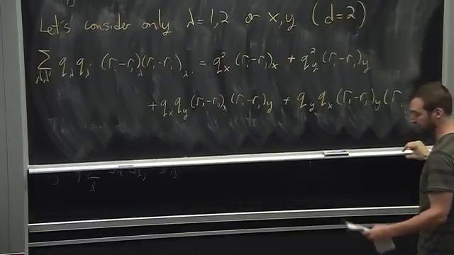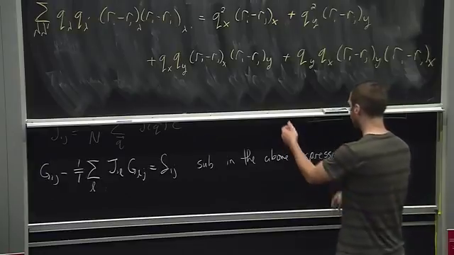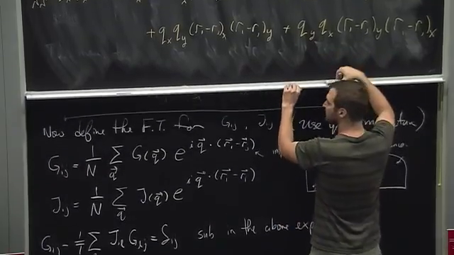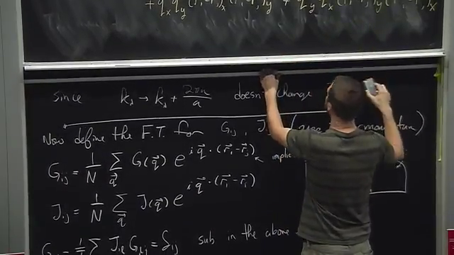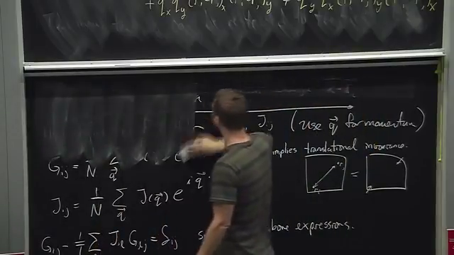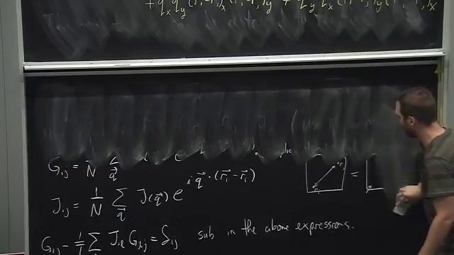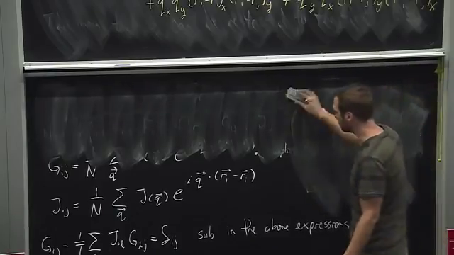You get two of those things, and they're the same. So what you need is basically those terms to go to 0, or the sum of all those terms to go to 0.